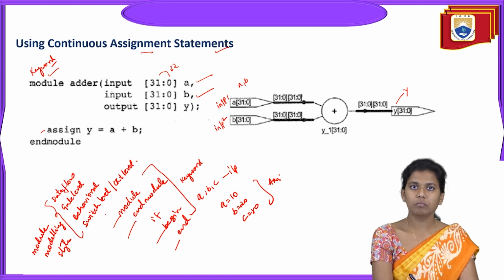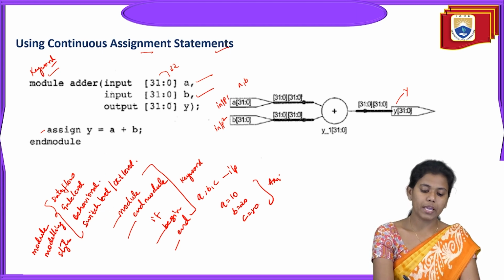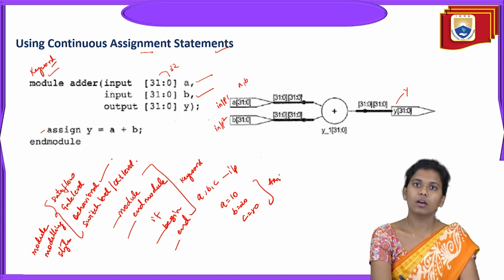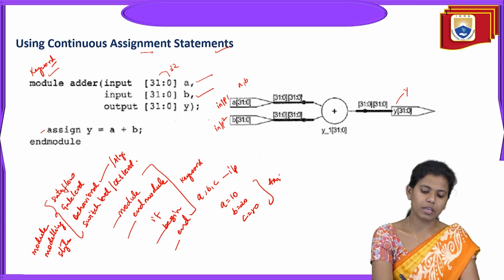Among these 4 modeling styles, behavioral has the highest abstraction. Behavioral modeling is nothing but a higher level of abstraction modeling. Another name for behavioral modeling is algorithmic modeling.